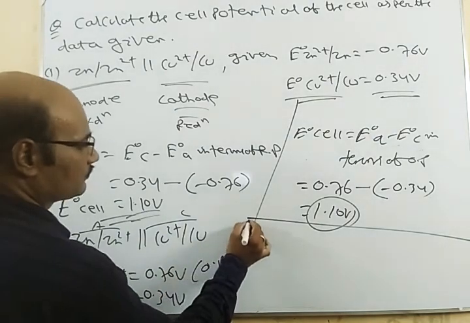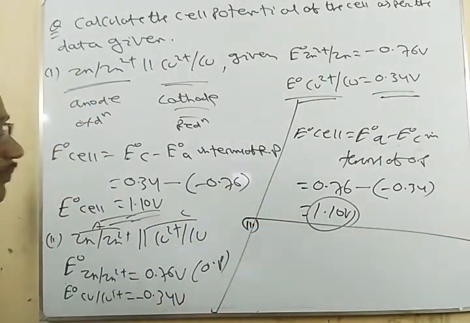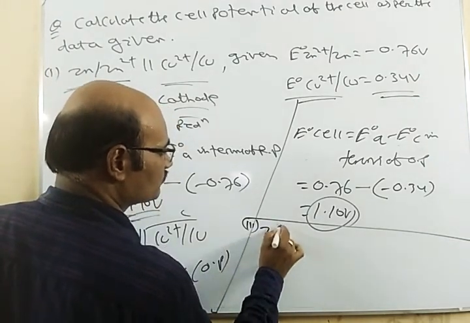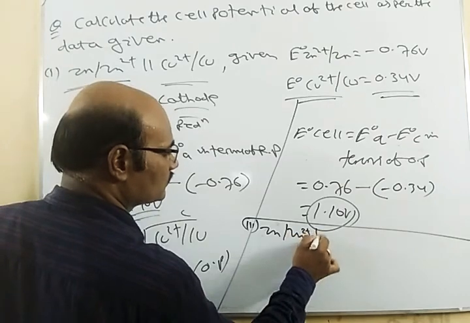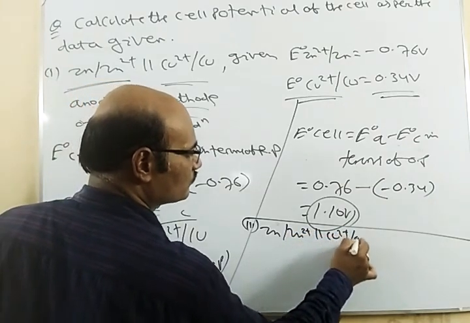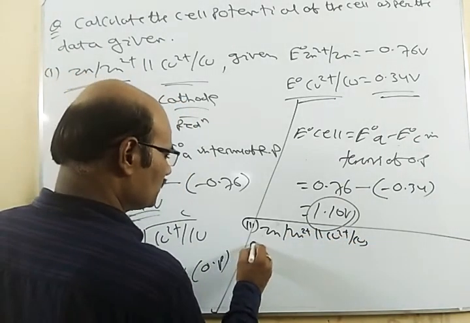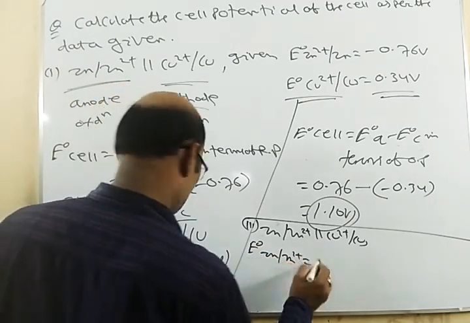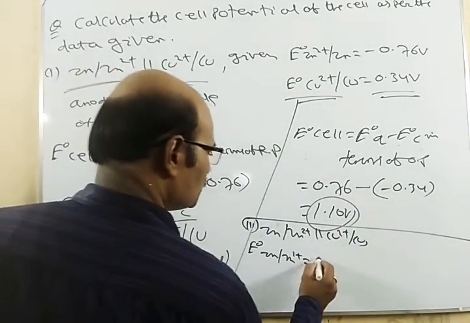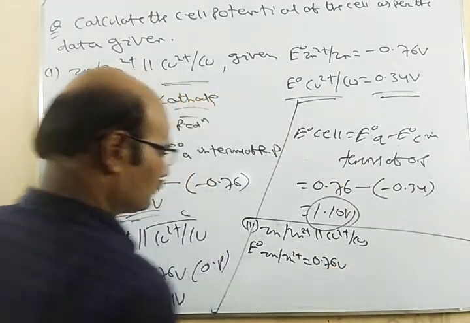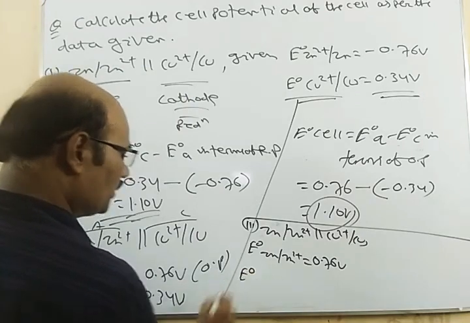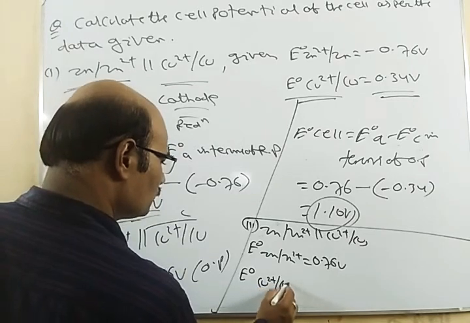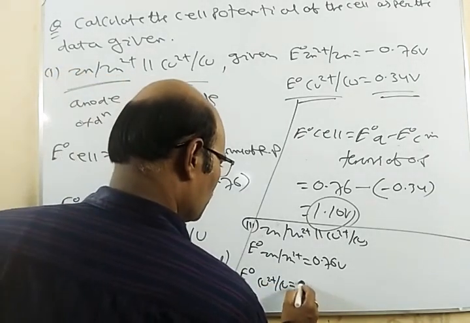Number 3: suppose we have Zn, Zn2 plus, Co2 plus, Co. Given E naught Zn2 plus is equal to 0.76 volt and E naught Co2 plus by Co is equal to 0.34 volt.